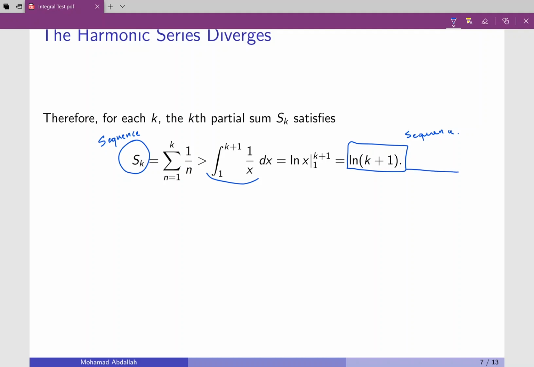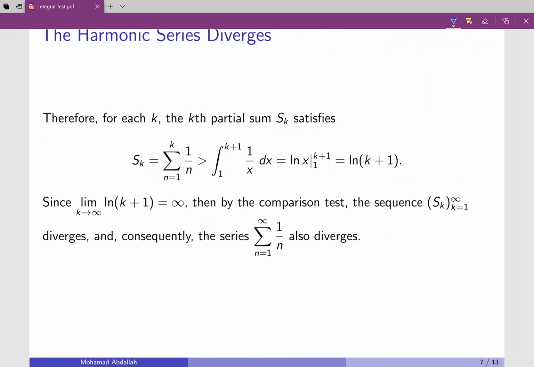But I know that this goes to infinity when k goes to infinity. So this means by the comparison test of sequences that s sub k is divergent. And remember that the limit of s sub k when k goes to infinity is the series that we want, which is the sum from n equal 1 to infinity of 1 over n. So that's a divergent series.